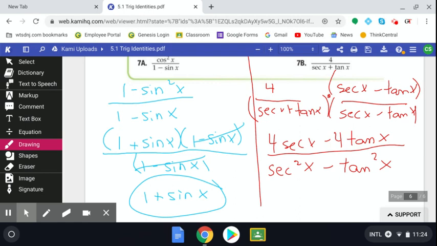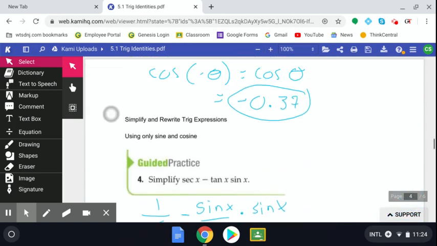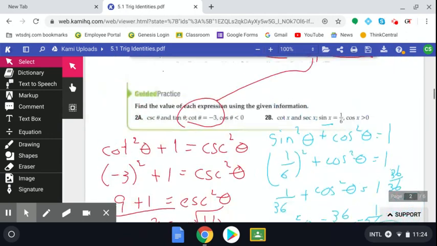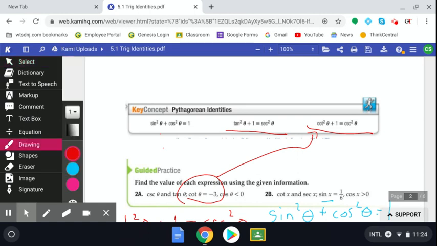Secant squared x minus tangent squared x is 1, I believe. Yes, secant squared x minus tangent squared x is 1.